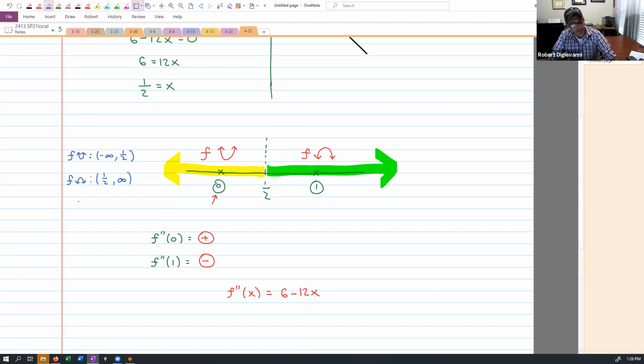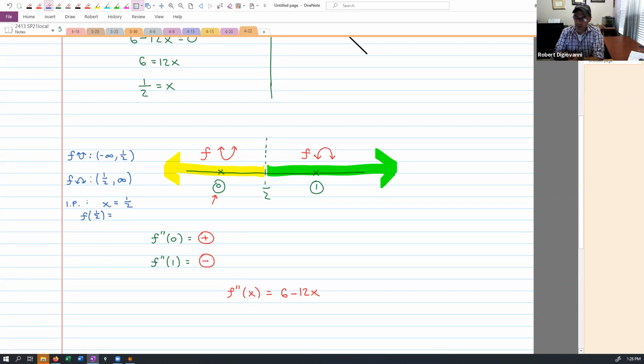And then where do I have inflection points? I'm just going to put IP for inflection points. Do I have any? X is 1/2. Right. Now, I would like to plug that into the original function and figure out what I get. I would definitely use a calculator for this.